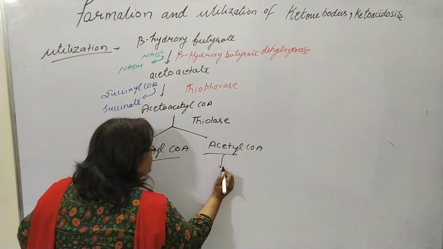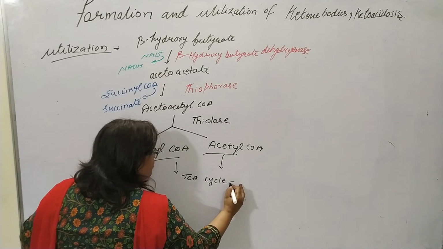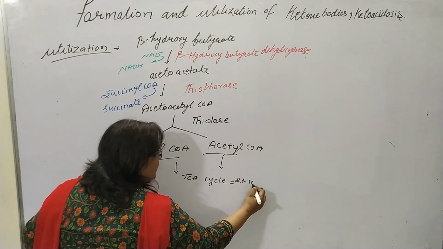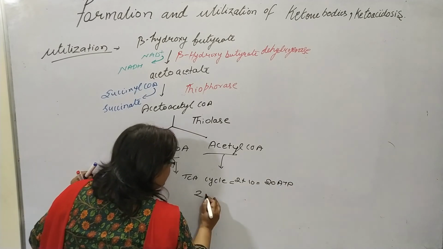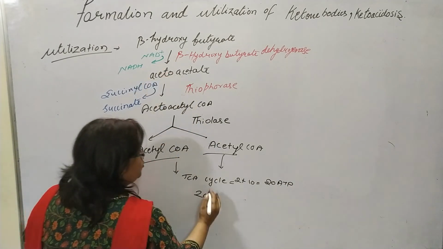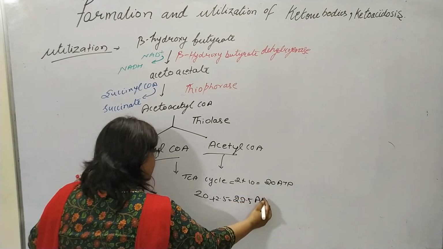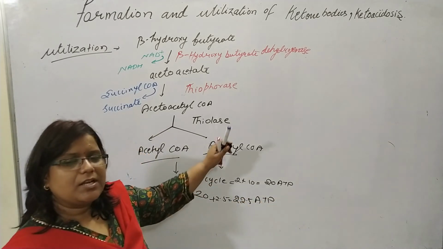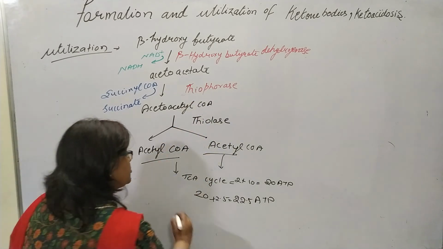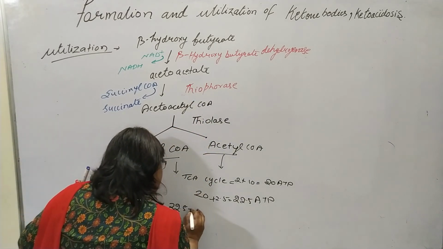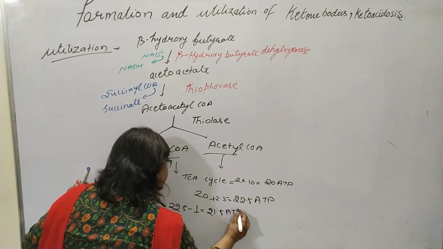This acetyl coenzyme A goes to the TCA cycle, and one turn of the TCA cycle generates 10 ATPs, so 20 ATPs are generated, and this NADH gives 2.5 ATP, so there is 22.5 ATP. But 1 ATP is utilized to enter the cycle, so we subtract it, giving 21.5 ATP.